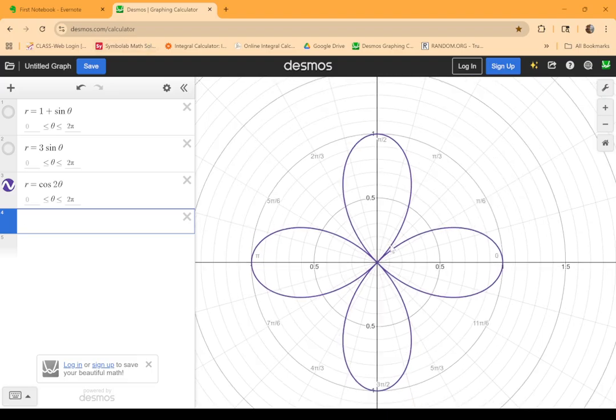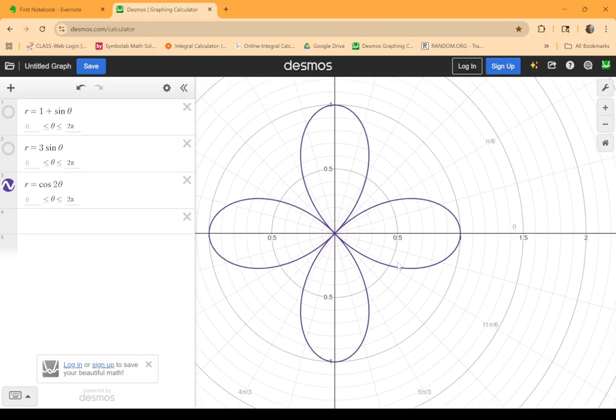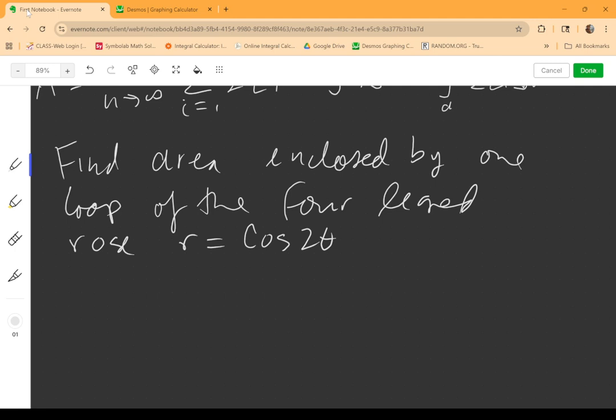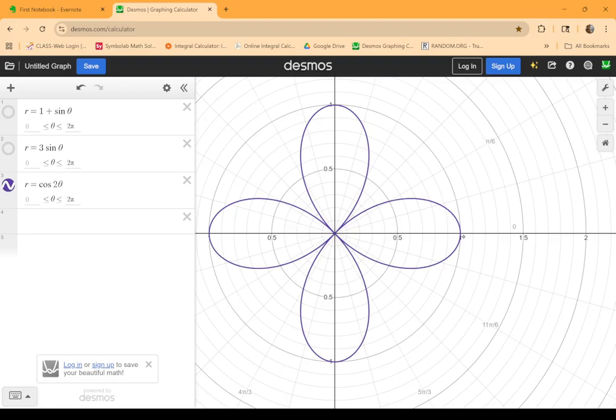Now, a couple things to realize. I need to set up the integral here. The area is going to be, I just need one leaf of the rose, 1/2 cosine squared of 2 theta d theta. That's my f of theta, usually some equation where you have r equals f of theta. Now what we want to identify here is that when theta is 0, we start off here.